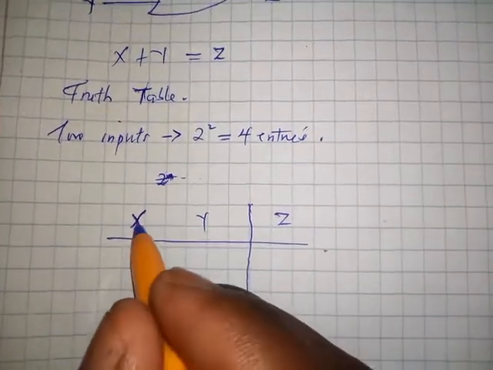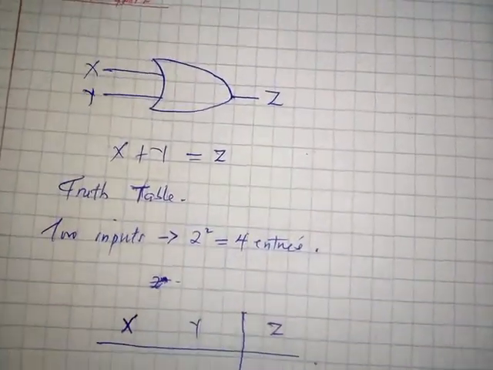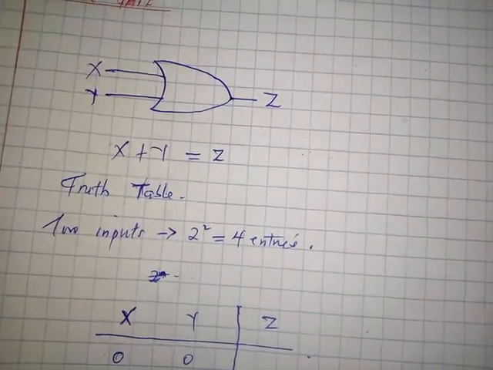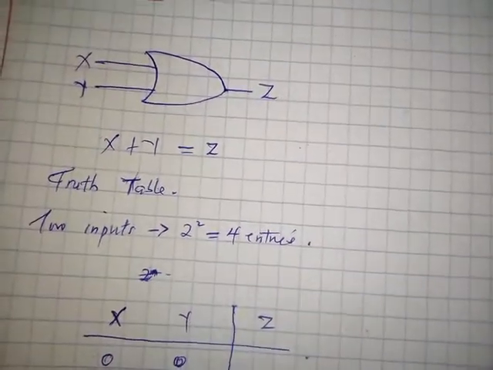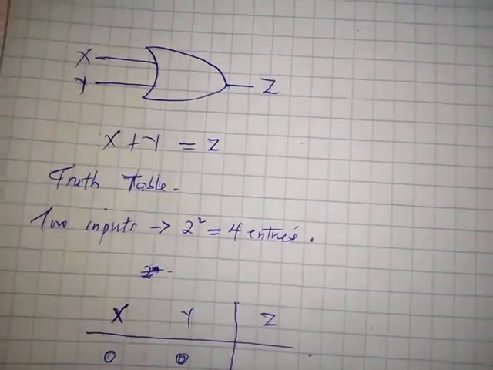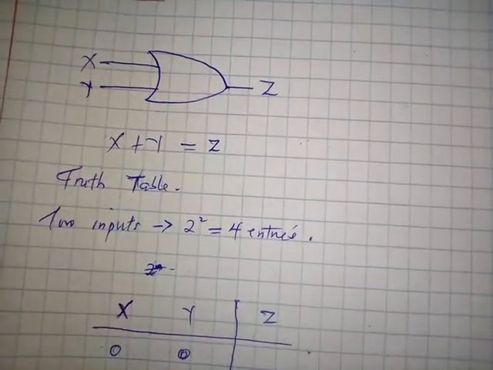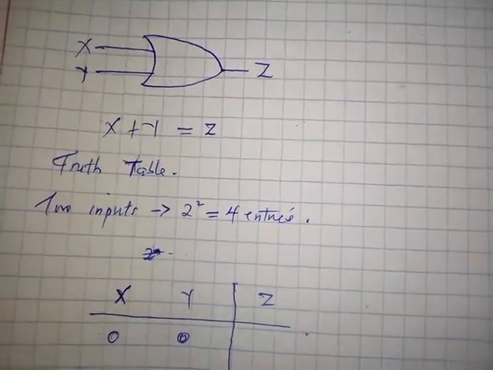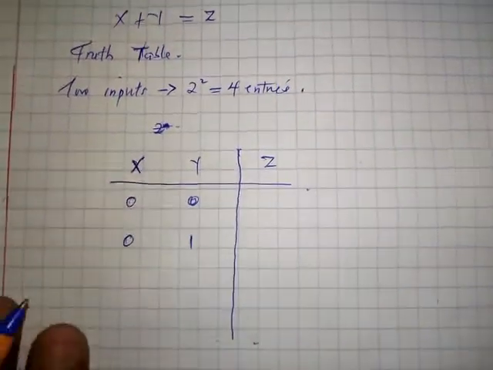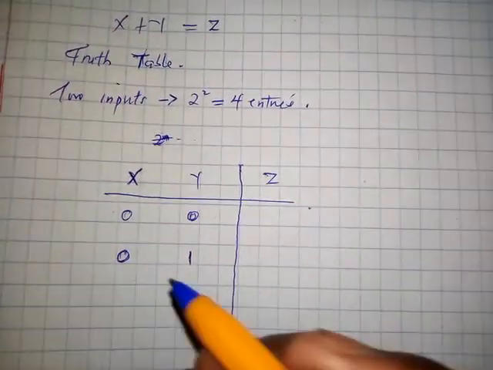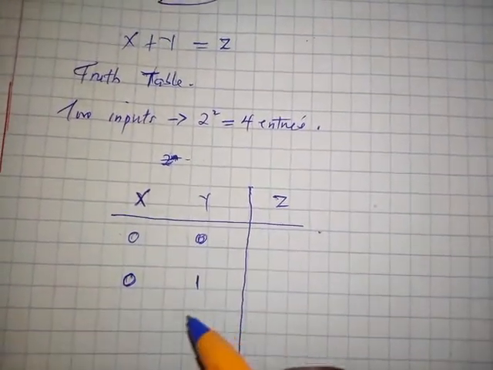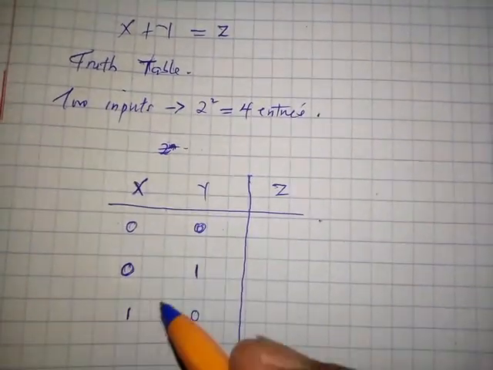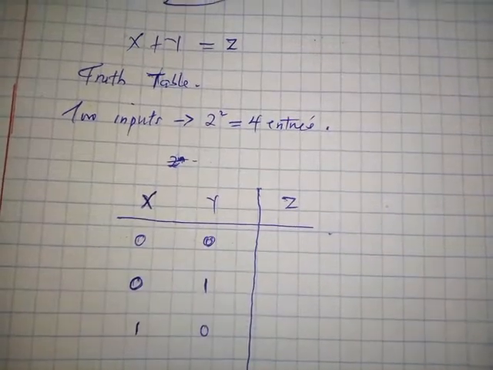So the inputs can be both 0, 0 0. X can be 0, Y can be 1. X can be 1, Y can be 0, and both X and Y can be 1, 1 1.